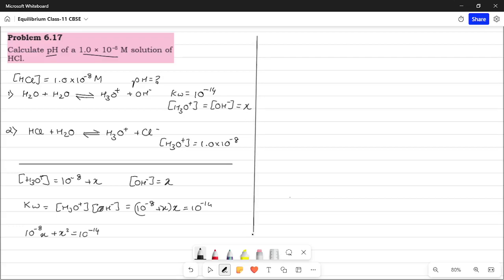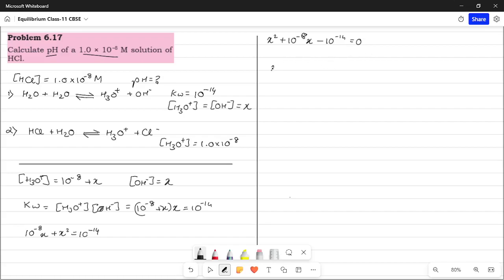So let's first get it to the form we are more familiar with. Let's switch this 10 to the power minus 14 to this side. So you'll be getting x square plus 10 to the power minus 8 x minus 10 to the power minus 14 equals 0.